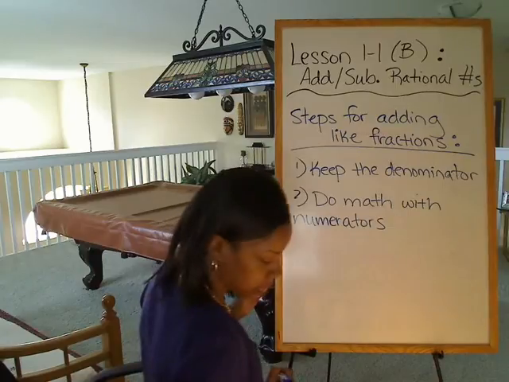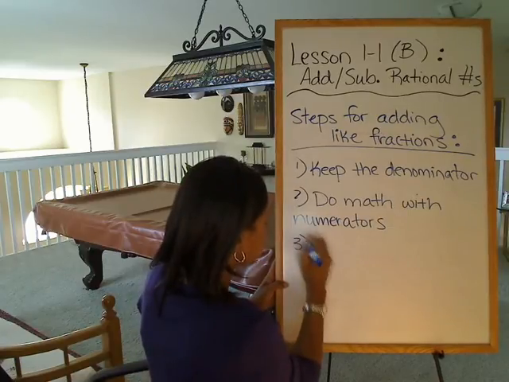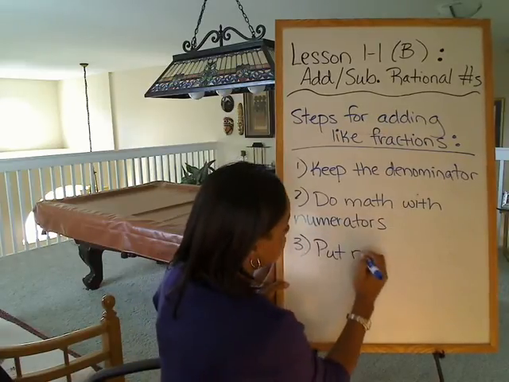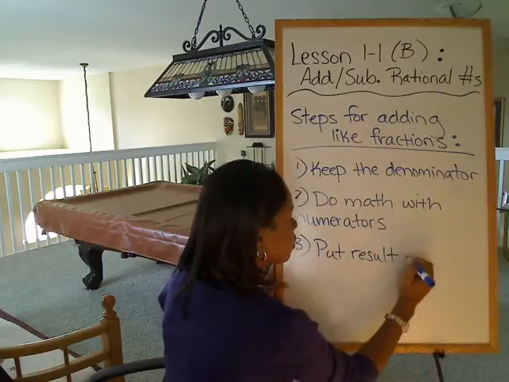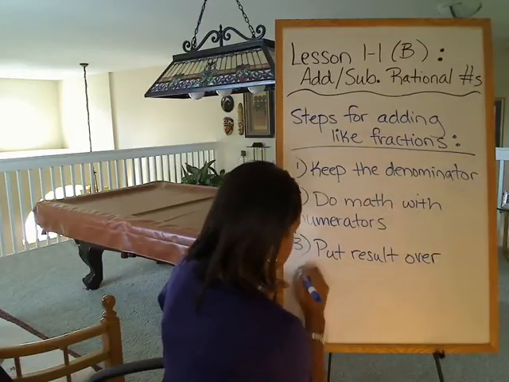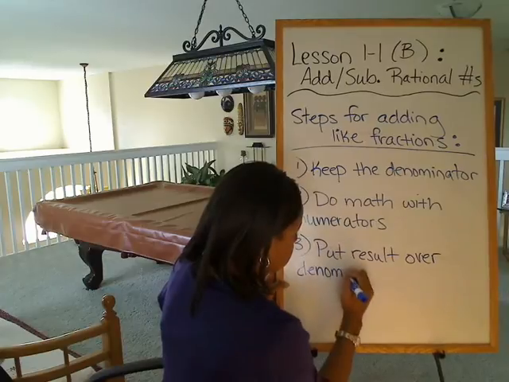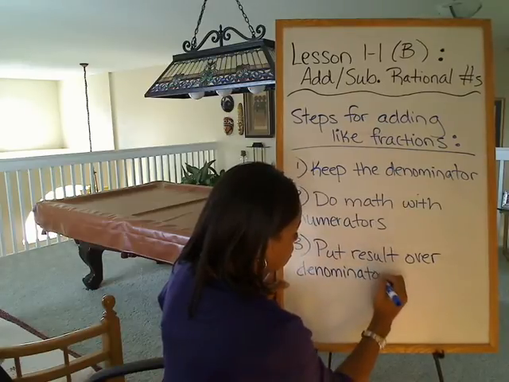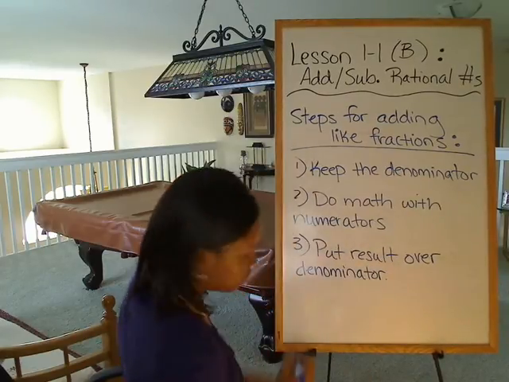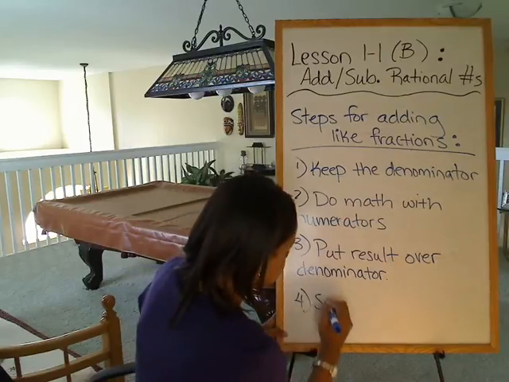Step number 3, you put the result over the denominator. And step number 4 is you simplify if necessary.